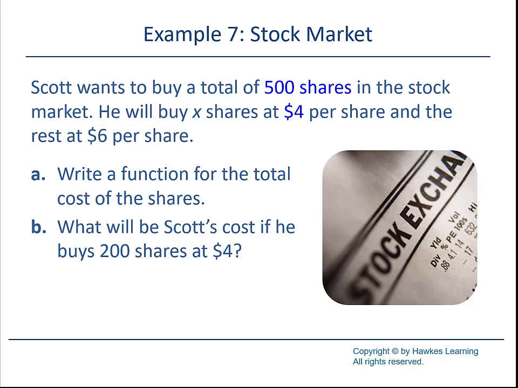So first it says, write a function for the total cost of the shares. So X equals what? It says X shares of the $4 per share stock. Number of shares bought at $4 per share.